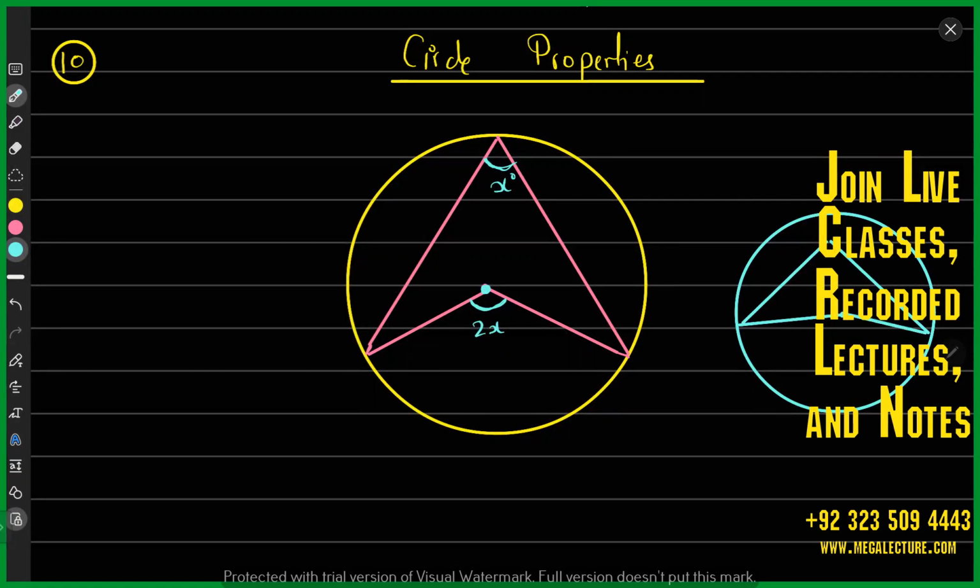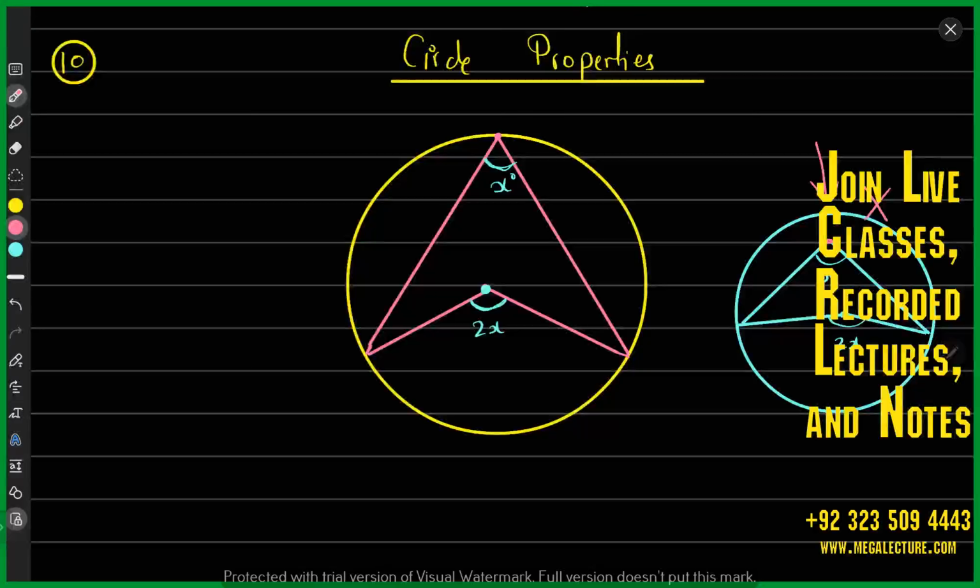Now you can't say that this is 2x and this is x. That would not be true. Why would this not be true? Because the property says angle at the center is twice the angle at the circumference. So this has to be at the circumference. This is not at the circumference. That is why this is not true.